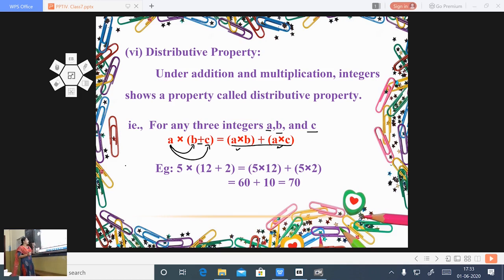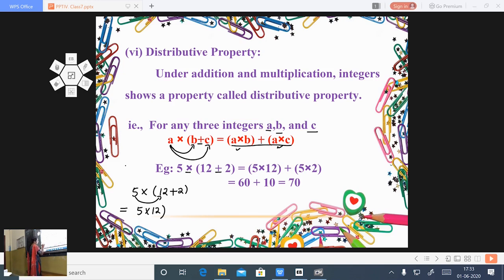Okay, I will explain with one example, that is 5 into (12 plus 2). So here are two operations, that is multiplication and addition. So it satisfies distributive property. Then how will you find the answer? 5 into (12 plus 2). First step, multiply the outer element into the bracket, that is 5 into 12.